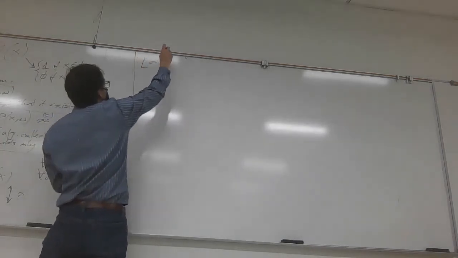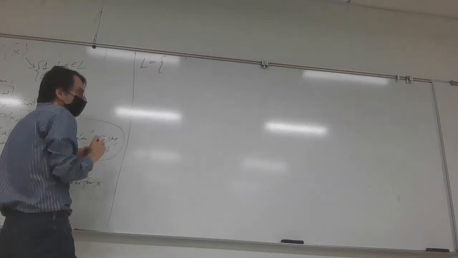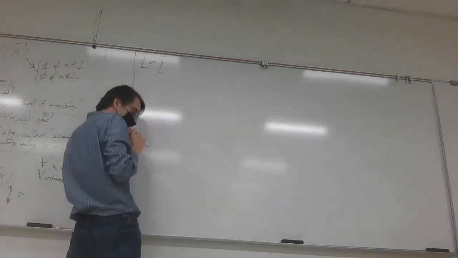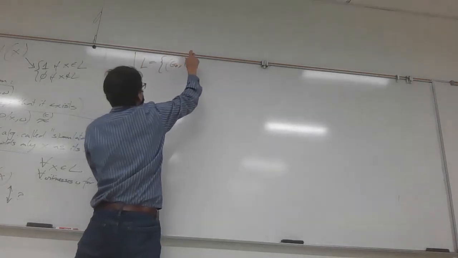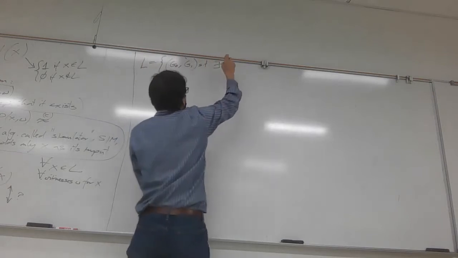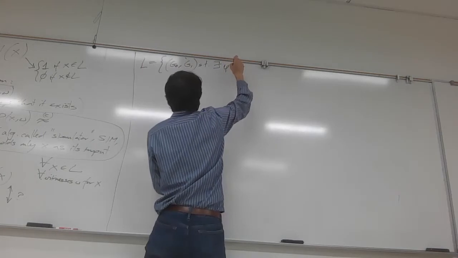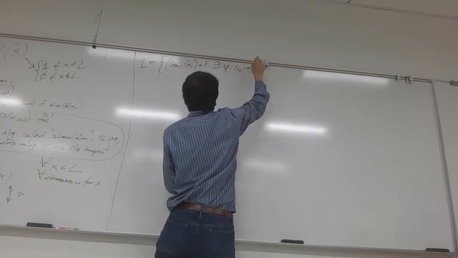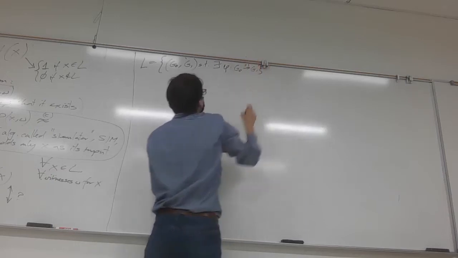The language is of graph isomorphisms. Pairs of graphs G0 and G1 such that there exists an isomorphism phi that maps G0 to G1 in a one-to-one way.